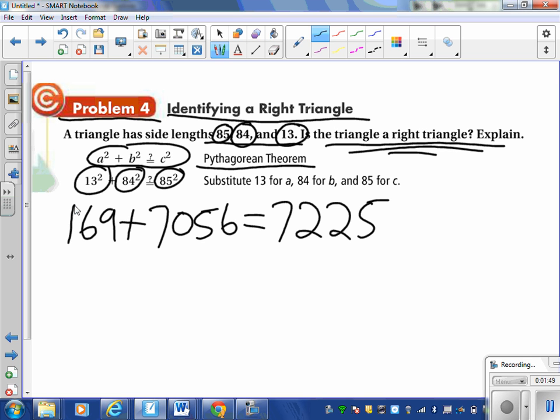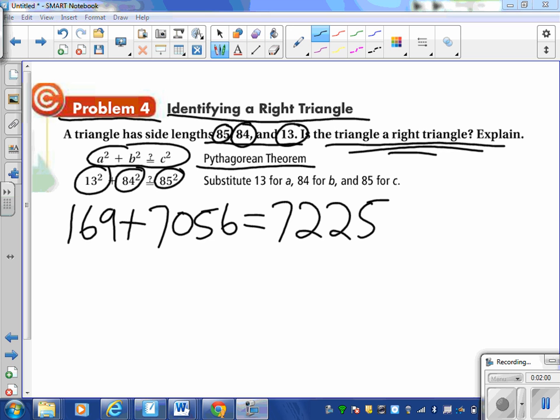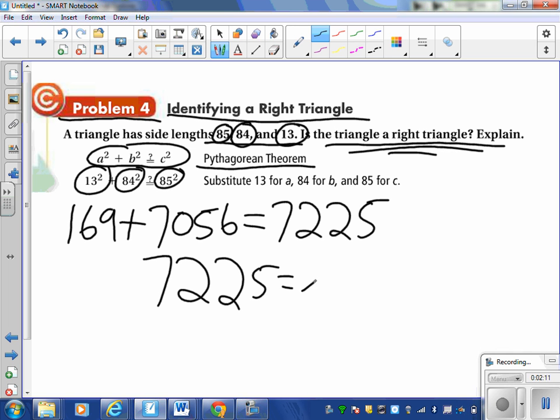Now we just have to add those numbers together to see if they're equal. Go ahead, put it in your calculator. Tell me what the left side of the equation equals. And you would have found out, put it into your calculator, this side equals 7,225, which matches the side on the right.